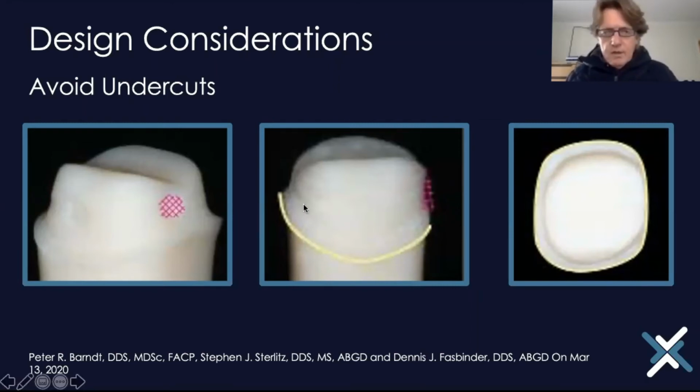So in this case, if we look at this prep from the side on here in the middle, we can see a nice chamfer over there. On this side, we have no chamfer. So the scanner cannot pick up a proper margin, number one. And number two is you have an undercut over there, which will mill out and give you quite a bit of trouble when it comes to your seating of your crown.